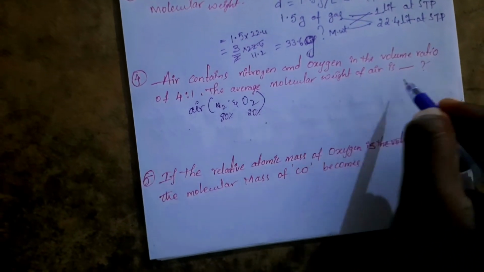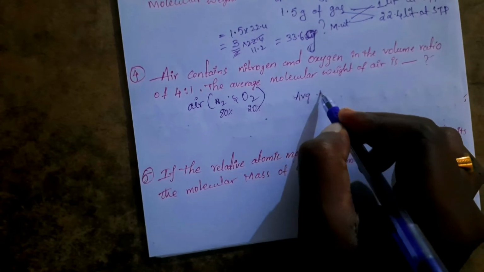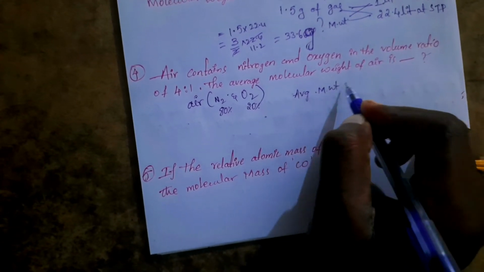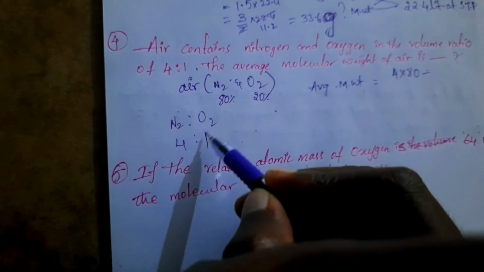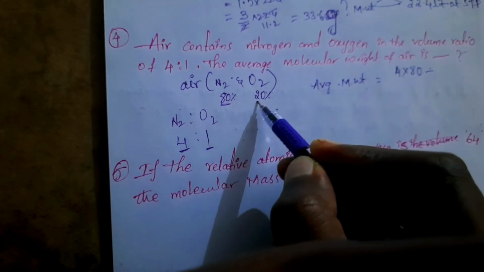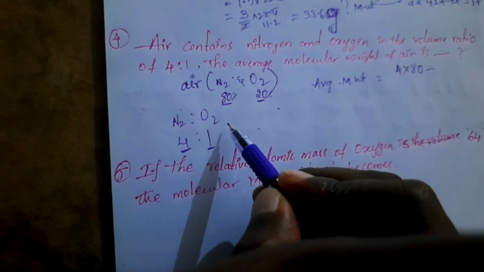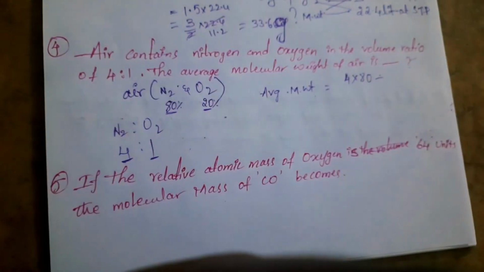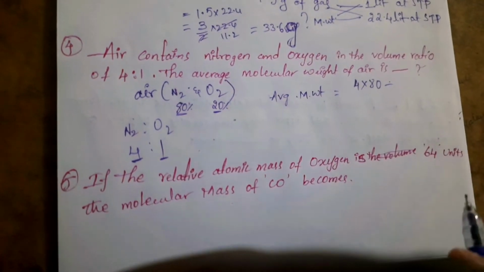They are asking the average molecular weight. How will you get it? Nitrogen is 4 and oxygen is 1. If oxygen is 20%, nitrogen should be 80%, so it must be a 4:1 ratio.